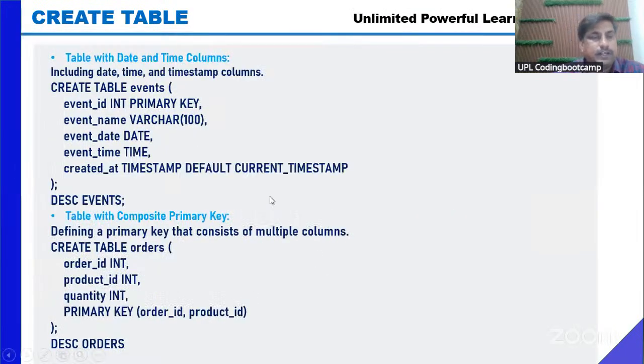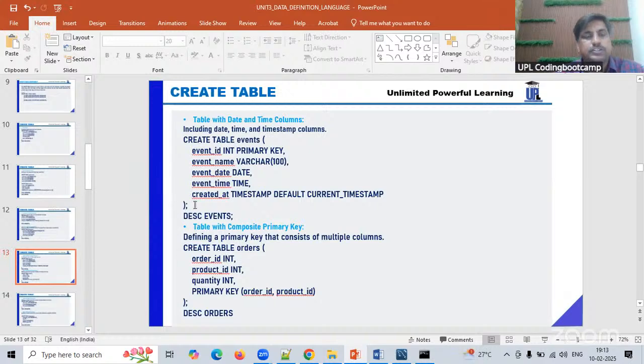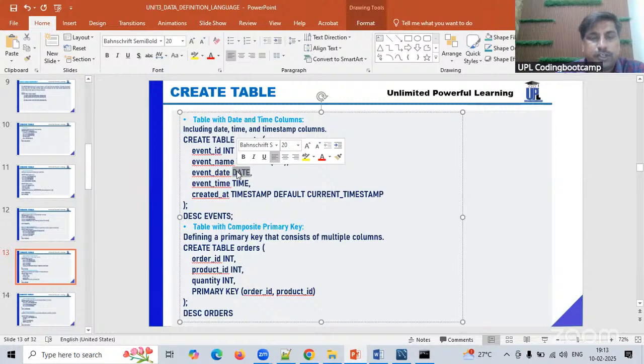Similarly, if I want to add a timestamp, majority of the time we will work with time. This example will show how to give the time. You can give date, you can give time, you can give timestamp, here current timestamp.